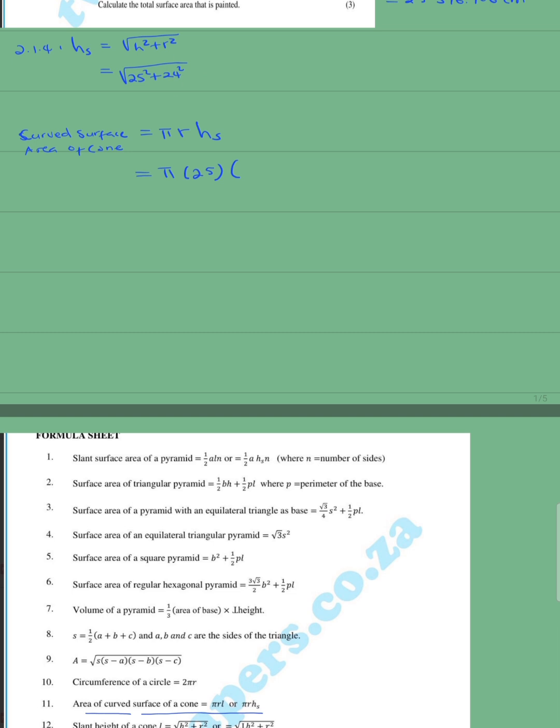If I want, I could have gotten the number first and put the number in. It's completely up to you. Then that will give you an answer of 2,721,832. I hope that one is clear. Then its surface area is centimeter squared.